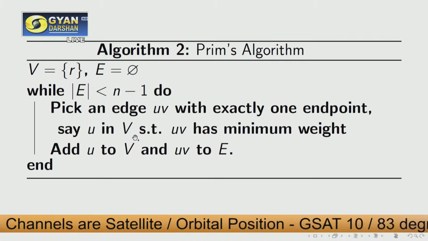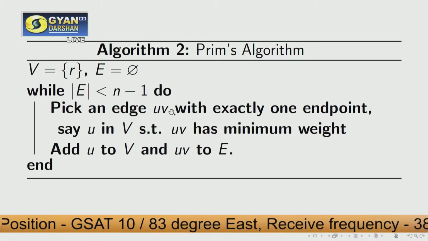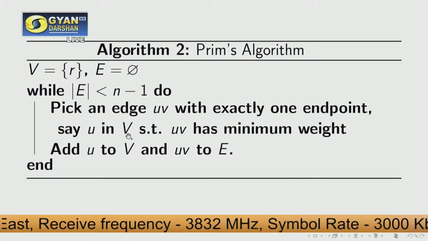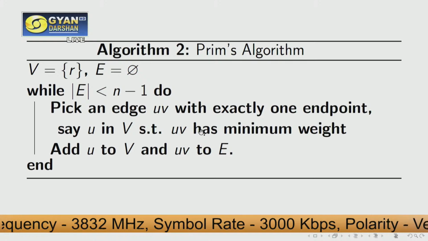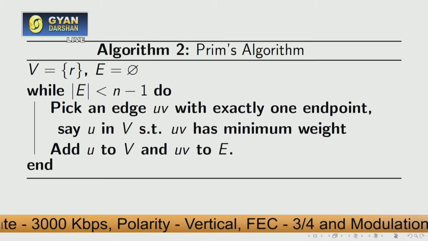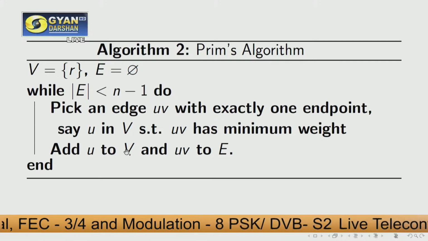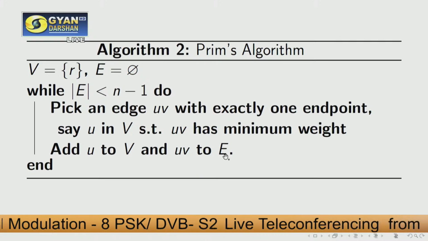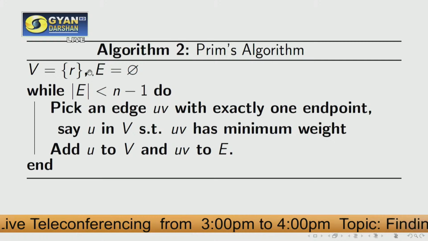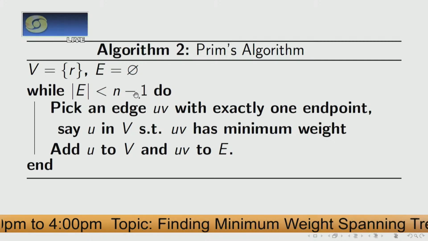Pick an edge UV with exactly one endpoint, let's say U, in V, in such a way that UV has minimum weight. Once that edge is selected, we add the vertex to V and the edge UV to E. We keep performing these steps as long as the set E has fewer than n minus 1 edges.